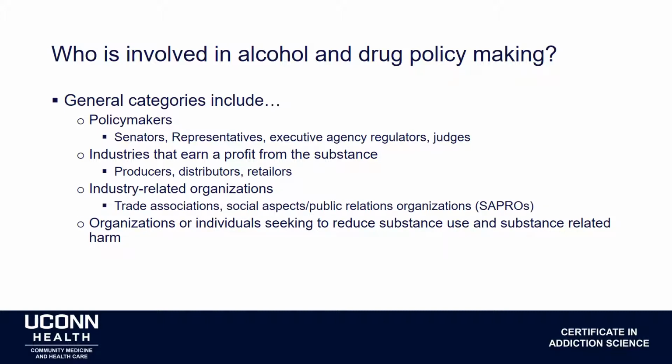Sometimes the producers, distributors, and retailers will lobby on their own behalf. Other times, they'll band together and create trade organizations, sometimes known as SAPROs, Social Aspect Public Relations Organizations, to give a coordinated message. The beer industry, for instance, has 3 different trade associations in the United States.